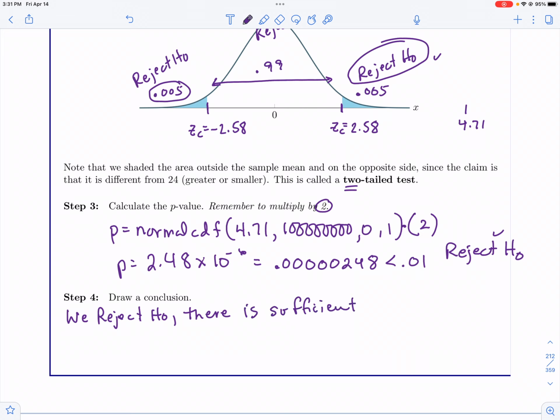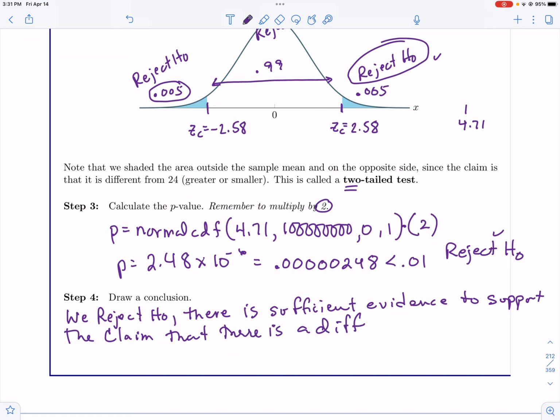So there's sufficient evidence to support the claim that there is a difference between pre and post-test NRT scores.